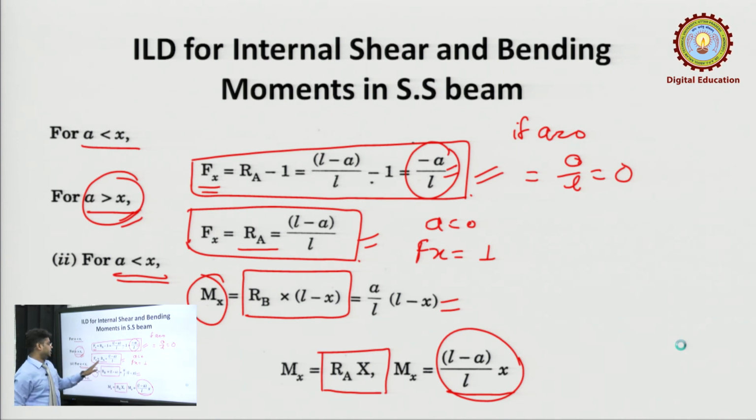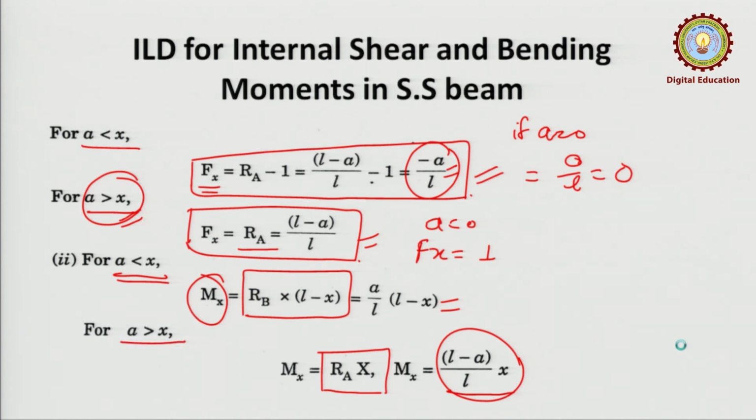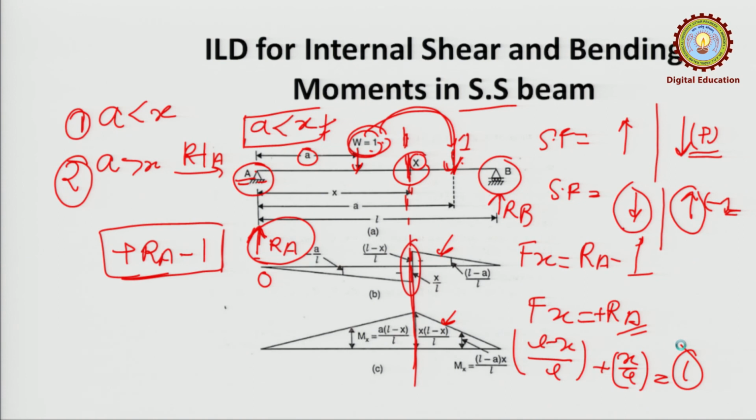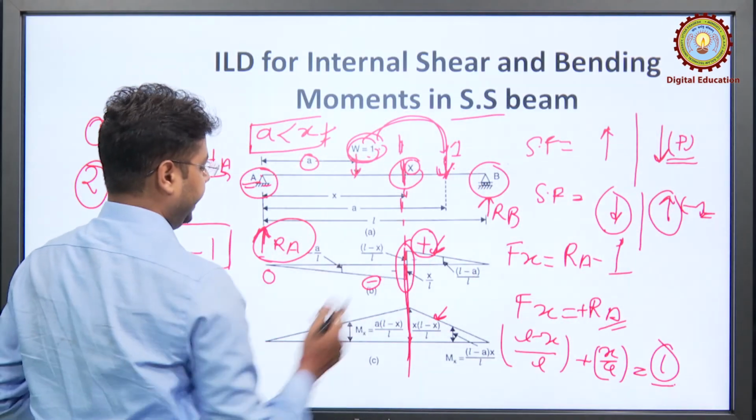Because of that reason, we can easily say that the sum of ordinates of shear force, this is the positive shear force ordinate, this is the negative shear force ordinate, the sum of ordinates is unity and the variation will be linear.